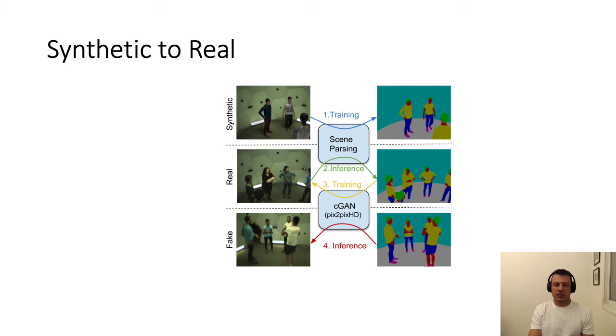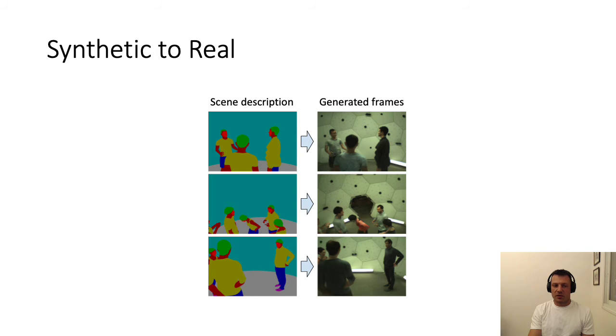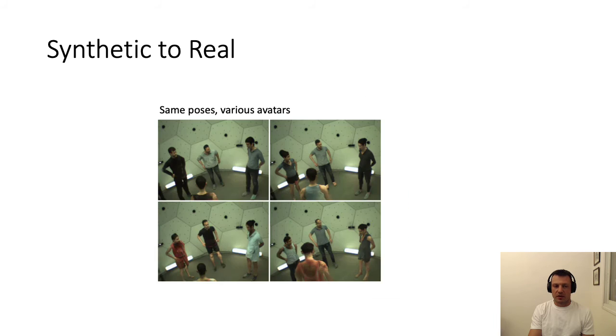Finally, we generate photorealistic images of novel scenes by feeding the label maps synthesized in our 3D simulation into the conditional GAN. Here we present several examples of frames generated using such scene description label maps.